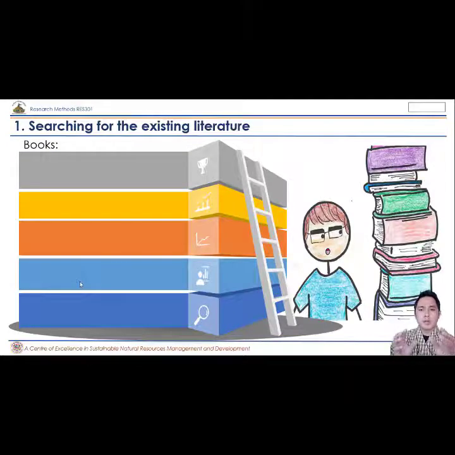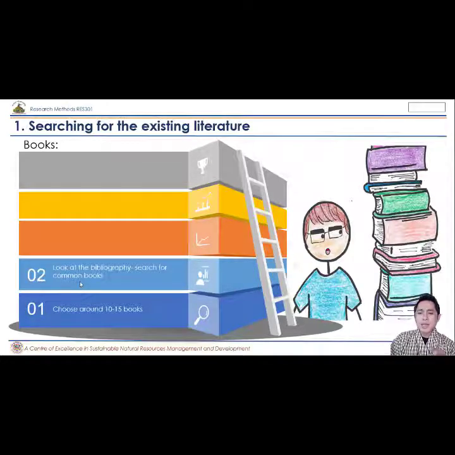Now you have got the book. So how to go about finding the specific literature in that book? Choose around 10 to 15 books after going to the catalog or after physically looking at the books' titles. Then look at the bibliography of all the books and compare the references of all the books to see the common books that we have.